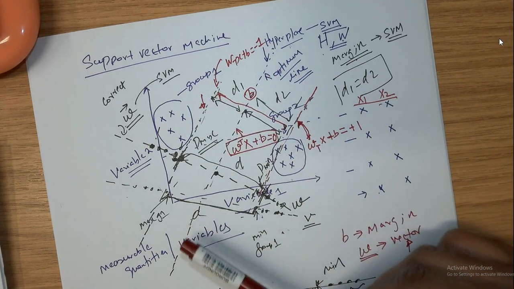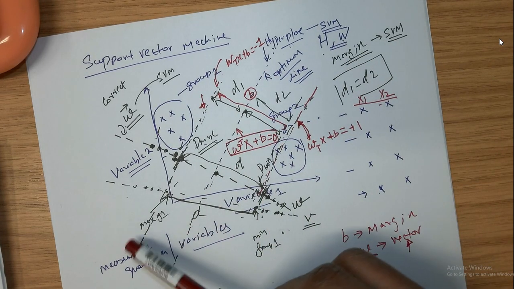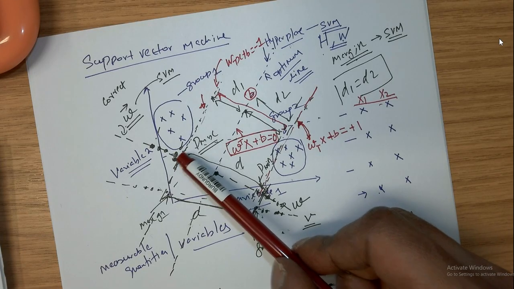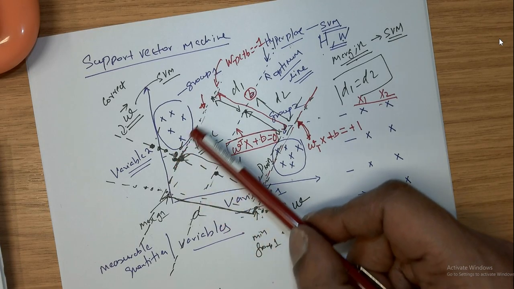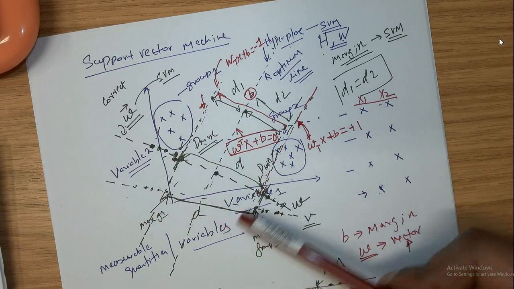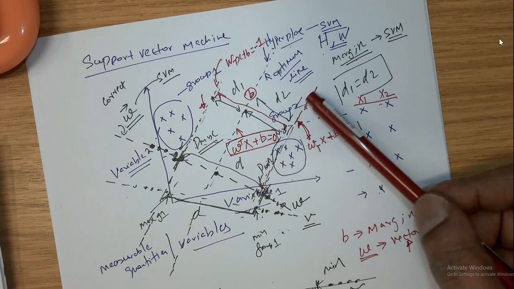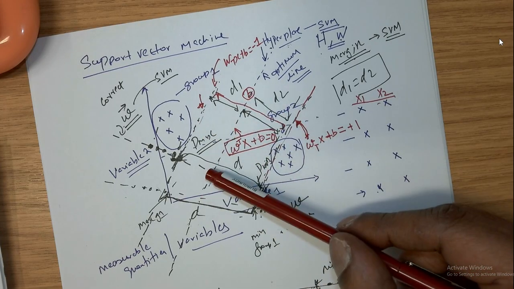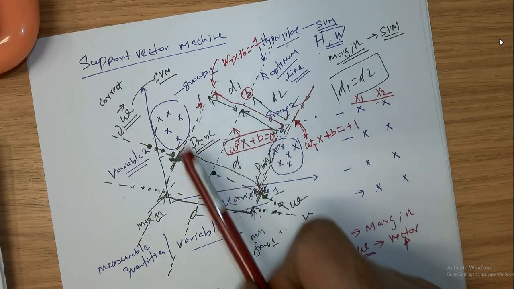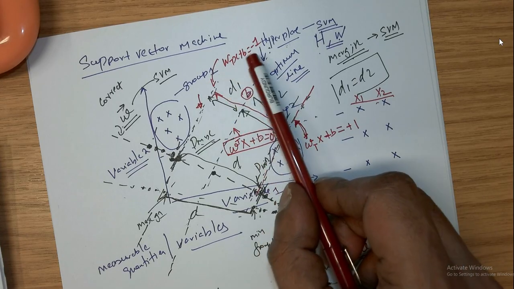That hyperplane line will follow this equation, and then the computer will identify these two points and label them as support vectors, and then this line that represents the support vector, which is parallel to the hyperplane, follows this rule.